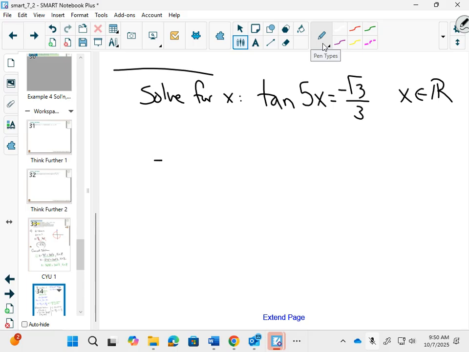First, I am just going to write out the general solution for 5x. Root 3 over 3 is part of your pi over 6 family. You would look in quadrant 2 and quadrant 4, because it's negative.